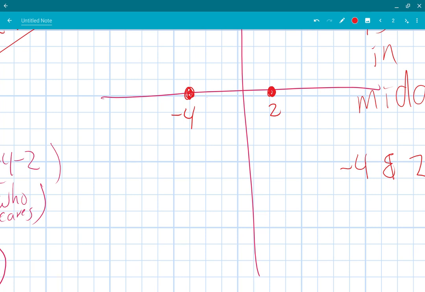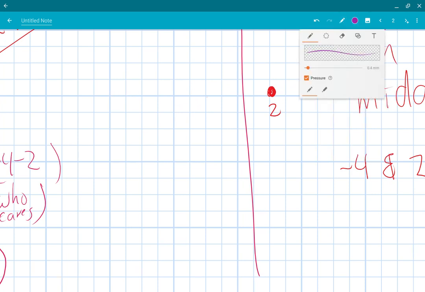By the way, how far apart is -4 from 2? Let's see. 1, 2, 6. Yeah, it looks like I didn't do my graph very well. Let me do this again. It is positive 6, right? So what if you cut 6 in half?